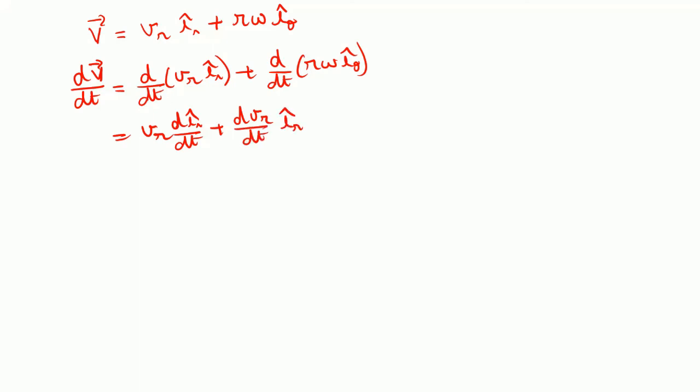Plus here, this can be dr by dt into omega into E theta, plus I can have R into d omega by dt, where omega is the angular velocity, into E theta, plus I can have R into omega into dE theta by dt.